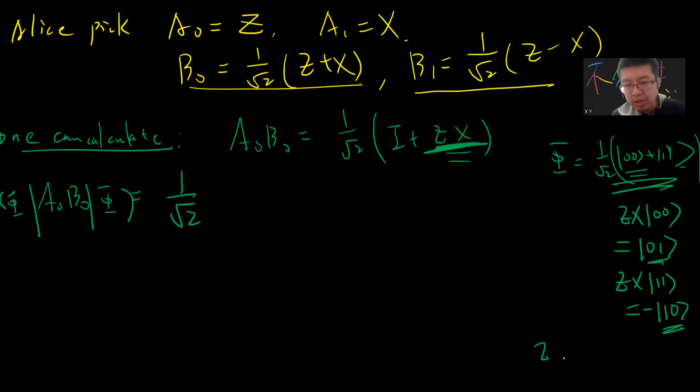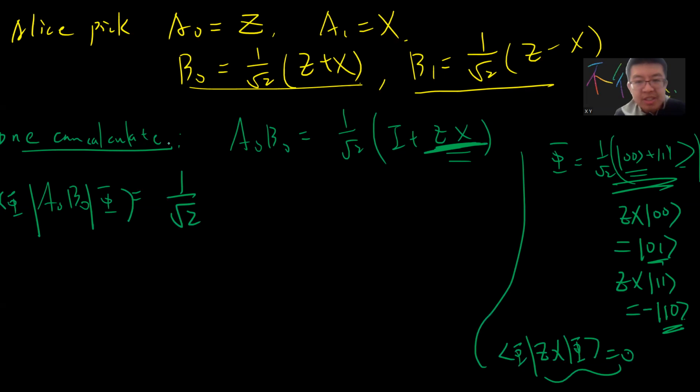So ZX phi is 0, just by this calculation. And from here it's easy to prove. Now I can calculate phi, A0, B1, phi: Z squared minus ZX is 0, so I get 1 over square root of 2.